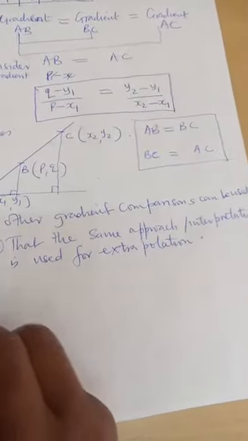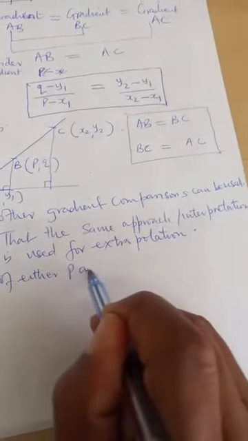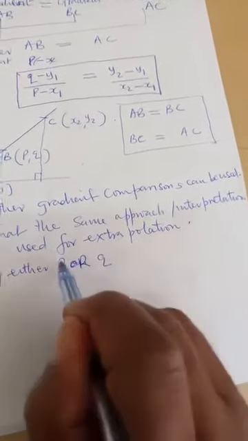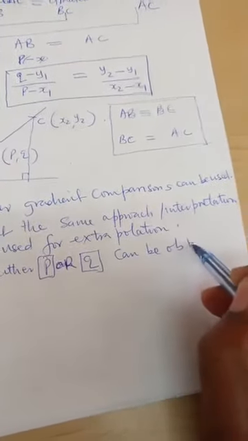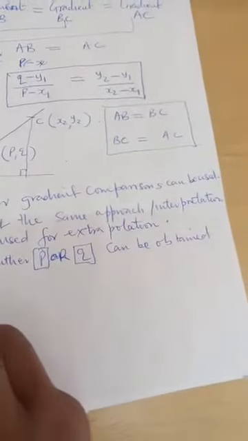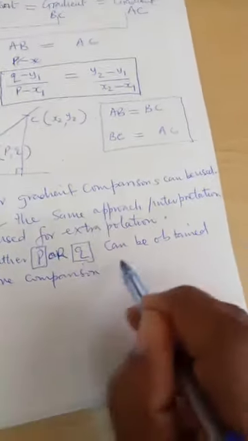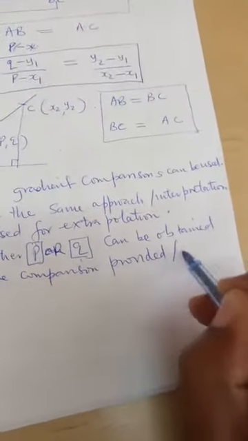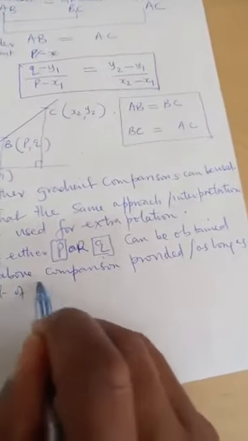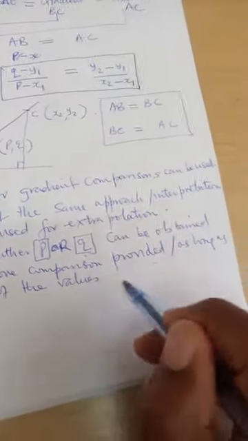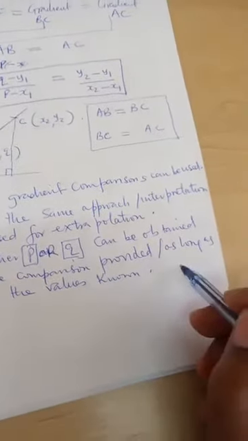And we can therefore say that the value of either P or Q can be obtained using the above comparison, as long as all the rest of the values are known.